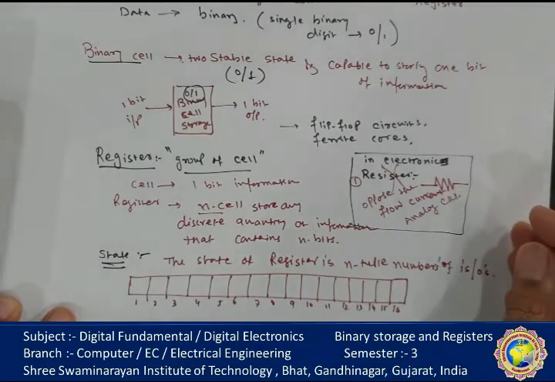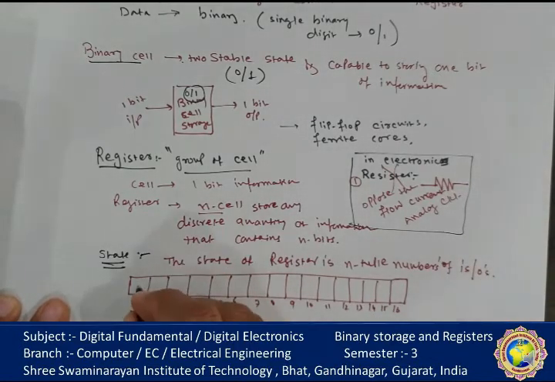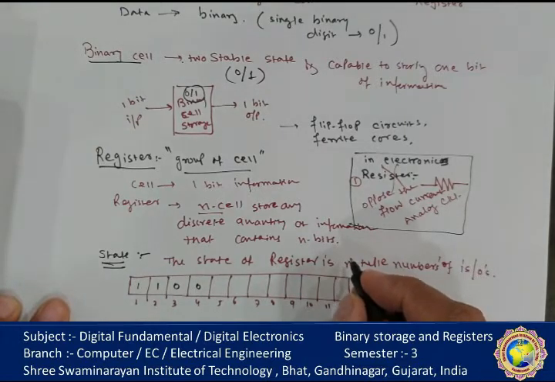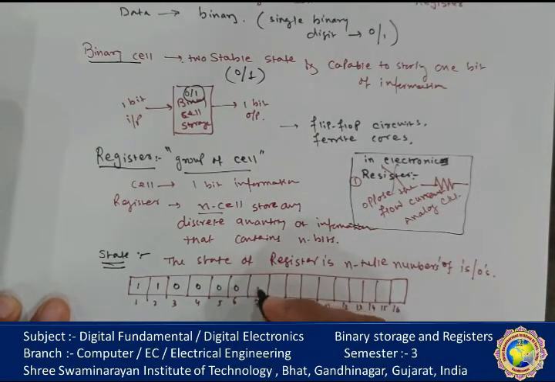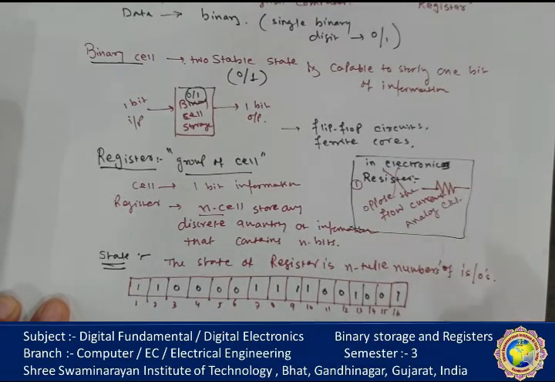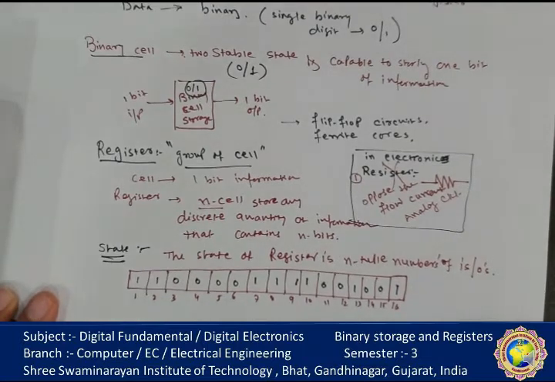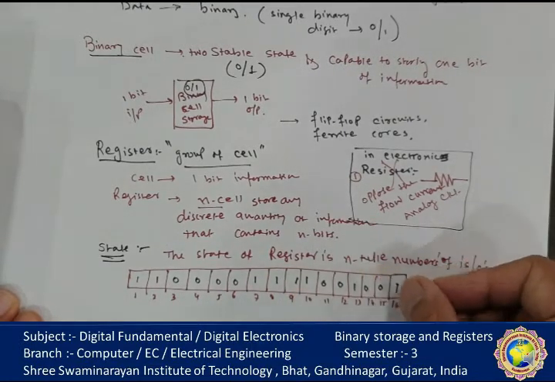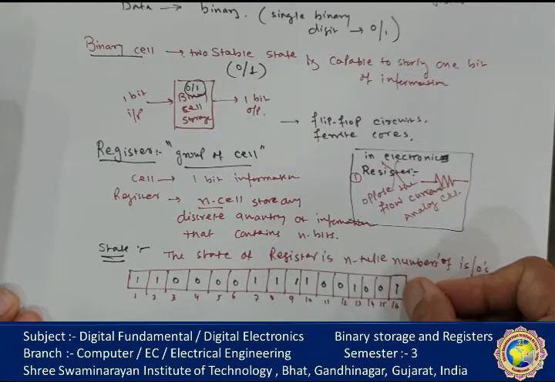So this 16-cell register physically may hold a 1 or a 0. Suppose my data is 1 1, 4 times 0, 1 1 1 1 0 0 1 0 0 1. Only two values are possible. So this 16-bit register is physically composed of 16 binary cells, with each cell storing either 1 or 0.